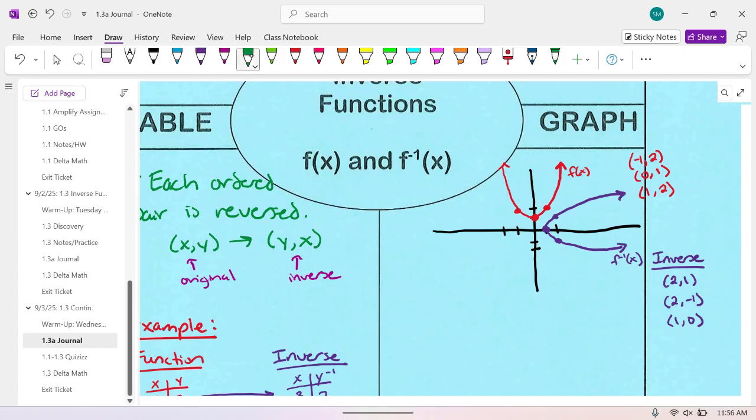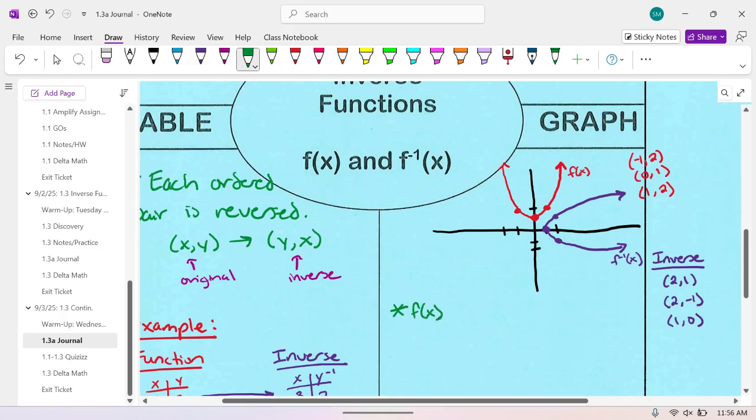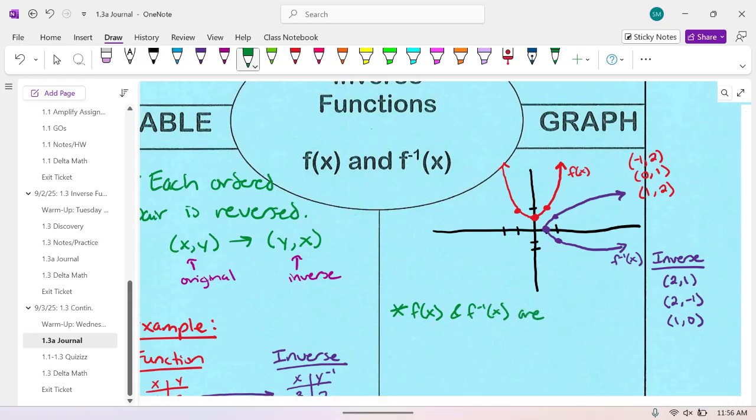Now, a couple of key features about this graph is that f of x and the inverse of f of x are reflections across the line y equals x. So this is review from math 2 because I literally just taught my math 2 kids this the other day.